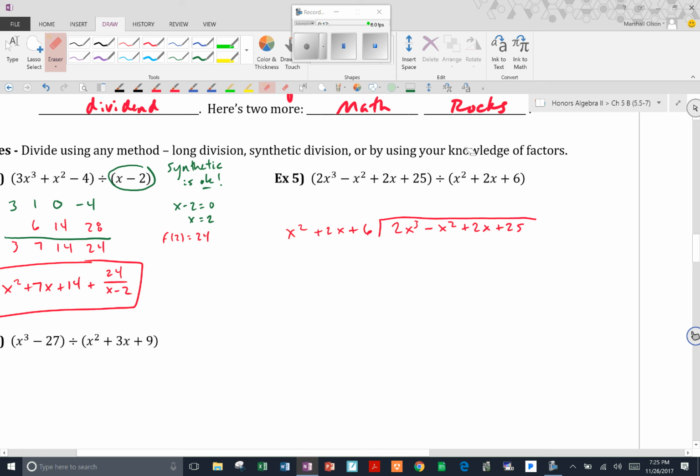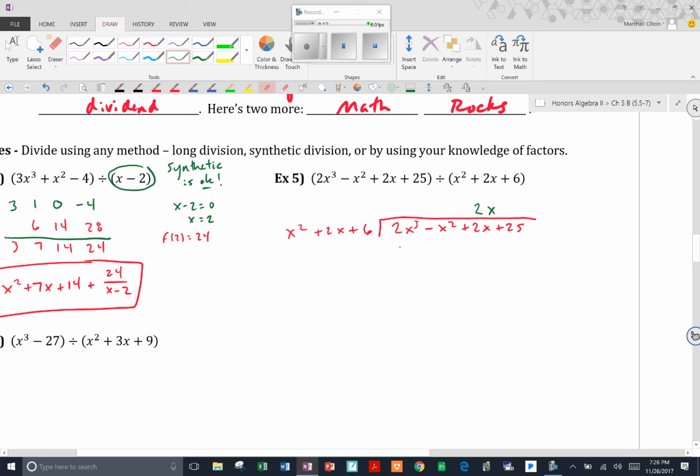Okay? So the first thing we ask is, what do we multiply this by to get this? We'd have to multiply it by 2x. So where does that 2x go? It goes in this column. It's got to go in the same column as the term below it, the linear term. That's good. We only have one more step, you guys. So we multiply that 2x to the x squared plus 2x plus 6.